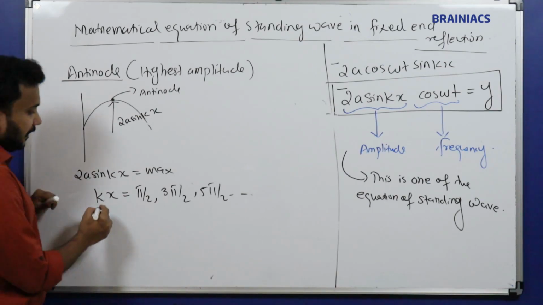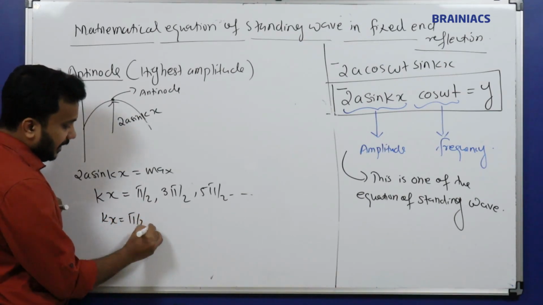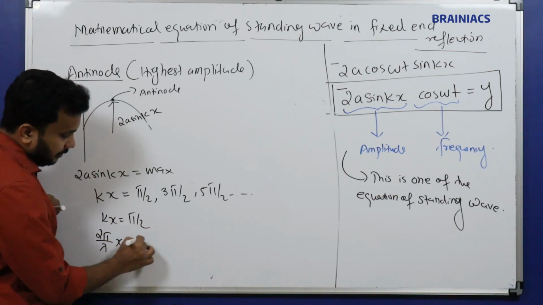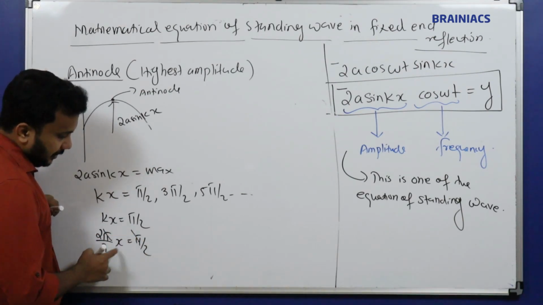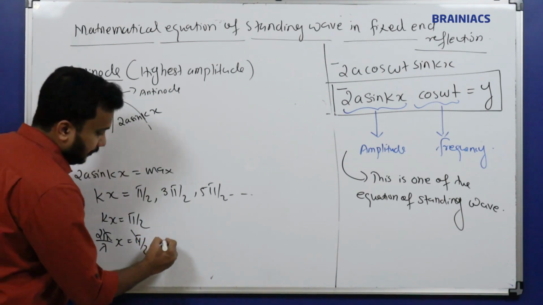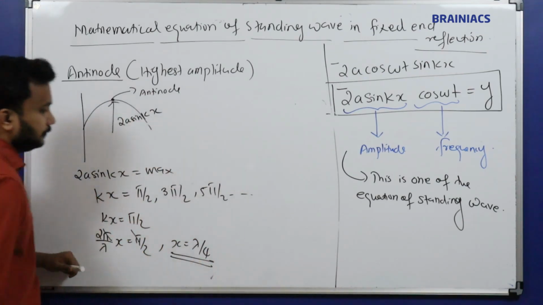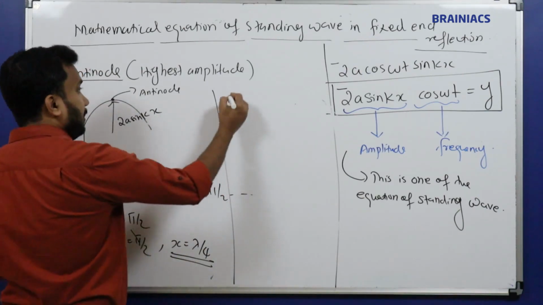Now I can equate. kx will be equal to pi by 2. So k means 2π by lambda into x will be equal to pi by 2. Pi cancels and x will be equal to lambda by 4. Similarly, the next condition is 3π by 2.